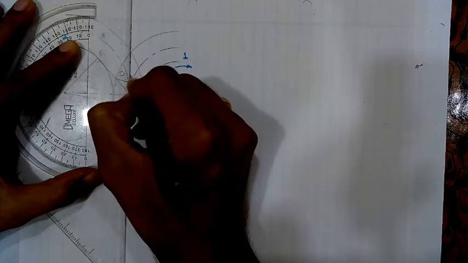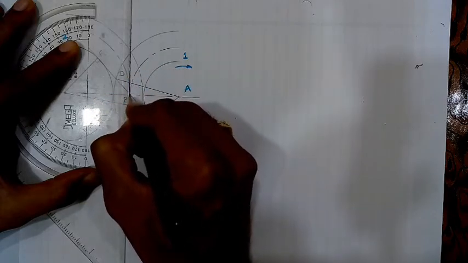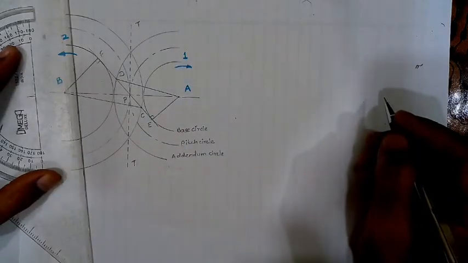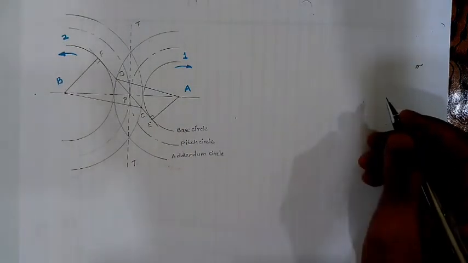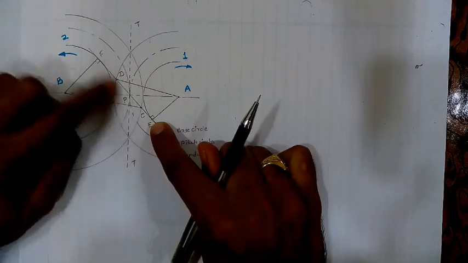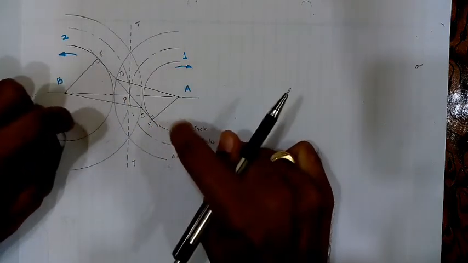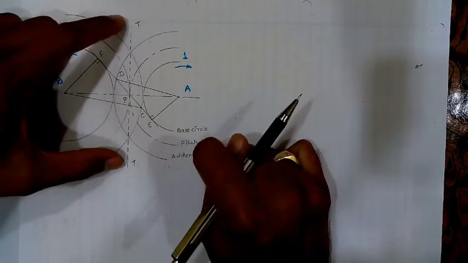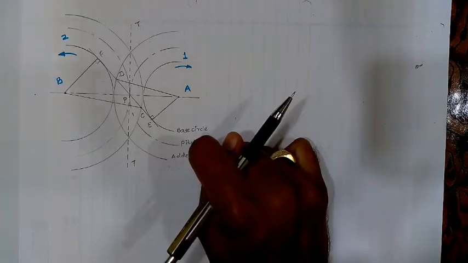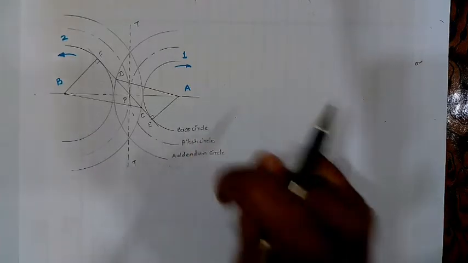I will name this line as line TT. So this line TT is the common tangent to the pitch circles. Remember, EF is the line which is the common tangent to the base circles. TT is the common tangent to the pitch circles.